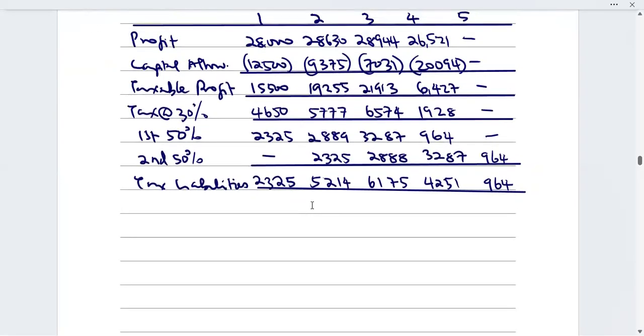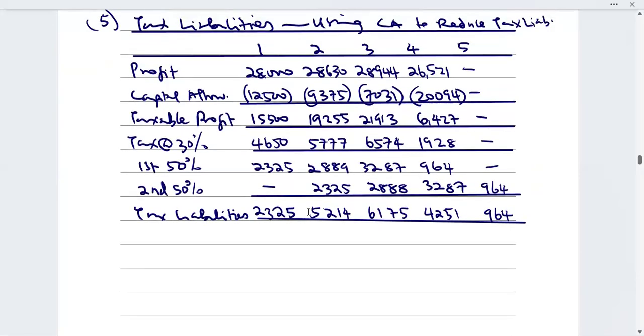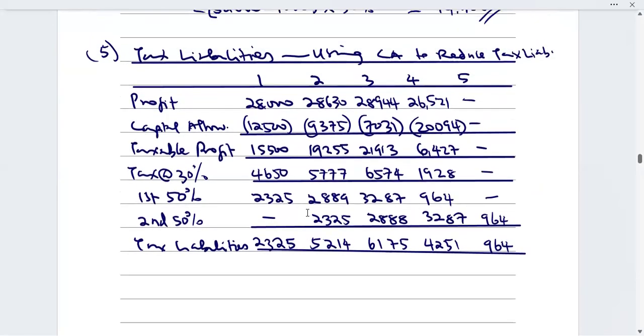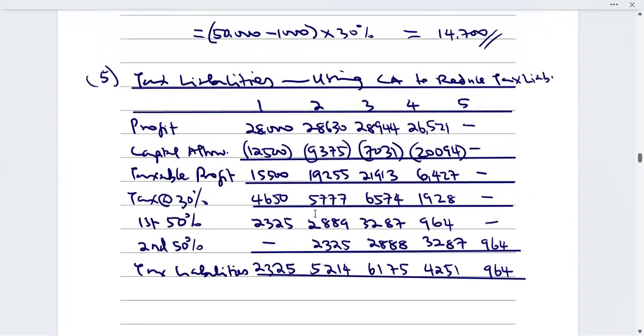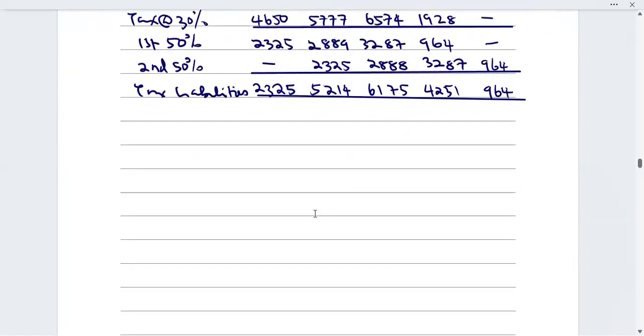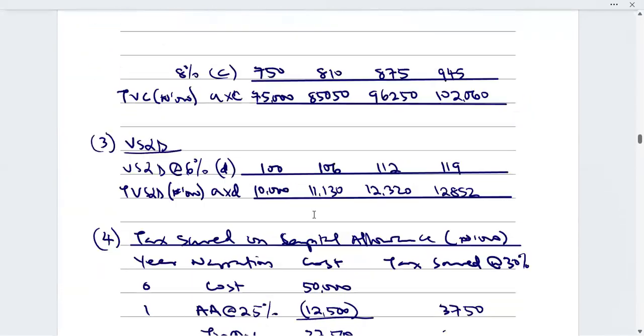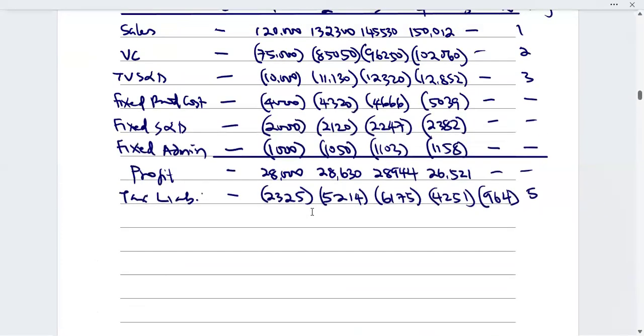For those of you that have the ebook, you will see in that one, I use tax saved on capital allowance to reduce the tax liability, but it's the same thing you are going to get. But because of time, let me first complete the question, then we'll come back to that. Somebody should remind me later on.